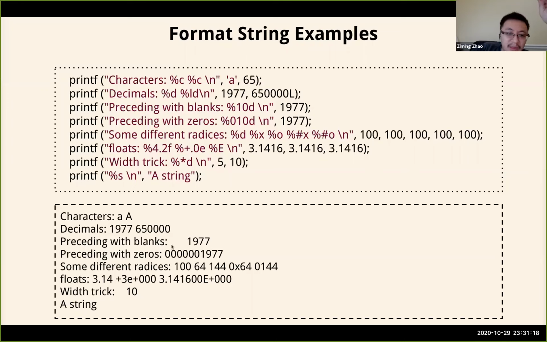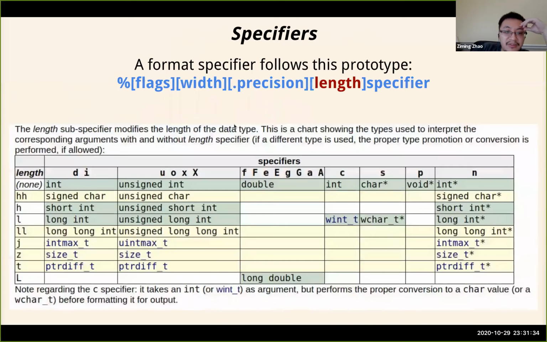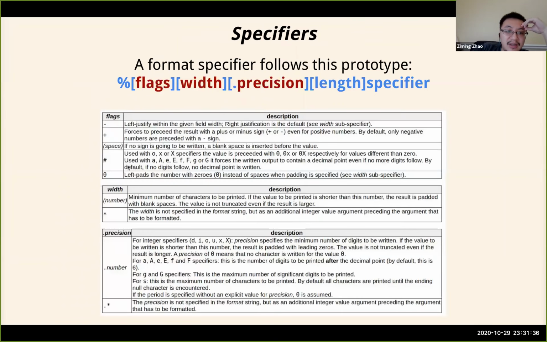So there will be 6 white spaces, and another leading white space, then the number 1977. So if we change this with zeros, we just add a 0 here. Then what will happen is, so this 0 is not part of the width, instead it's part of the flag.